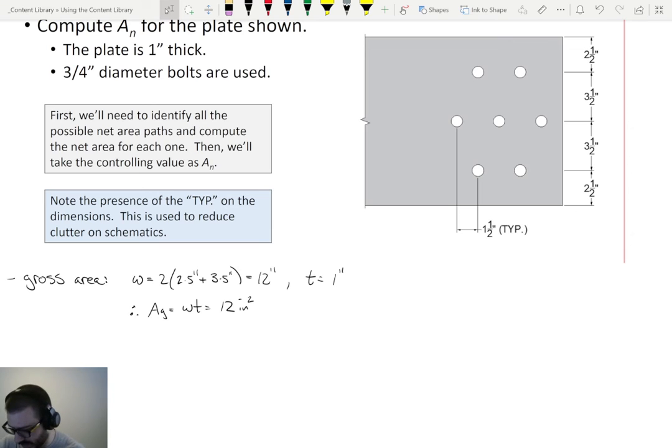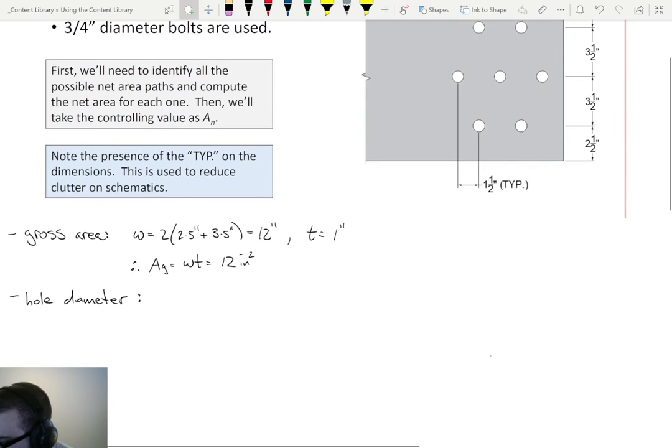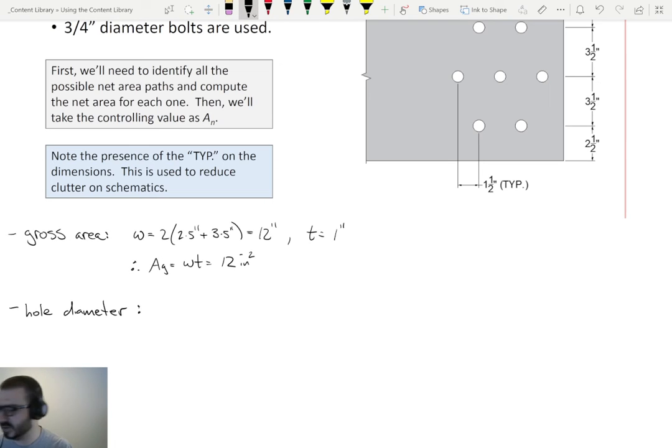Okay, now let's look at the bolt diameter, or more specifically, let me rephrase it. Let's look at the hole diameter. Let's lower that a little bit so we're not squishing things up too much. We've got plenty of room here. Okay, so the hole diameter.